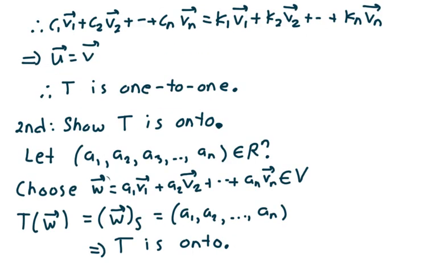And that says c1v1 plus c2v2 plus ... plus cnvn equals k1v1 plus k2v2 plus ... plus knvn. But that just tells me u equals v. And therefore T is one-to-one.